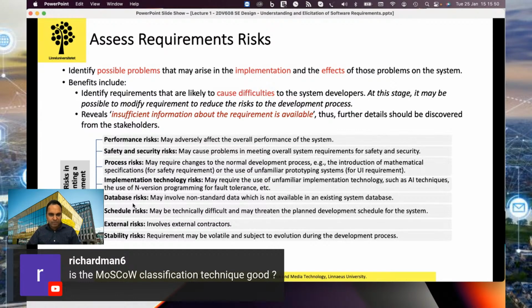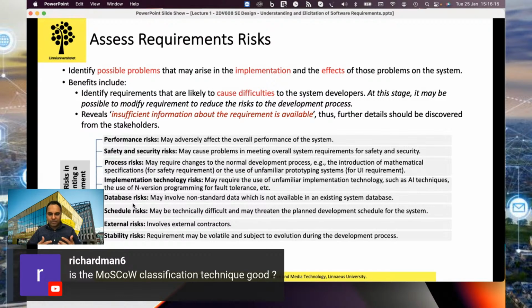There can be, for example, schedule risk. So your planned process is being delayed due to this requirement. There can be stability risk. For example, your requirement is not very stable, so it may change frequently in future.